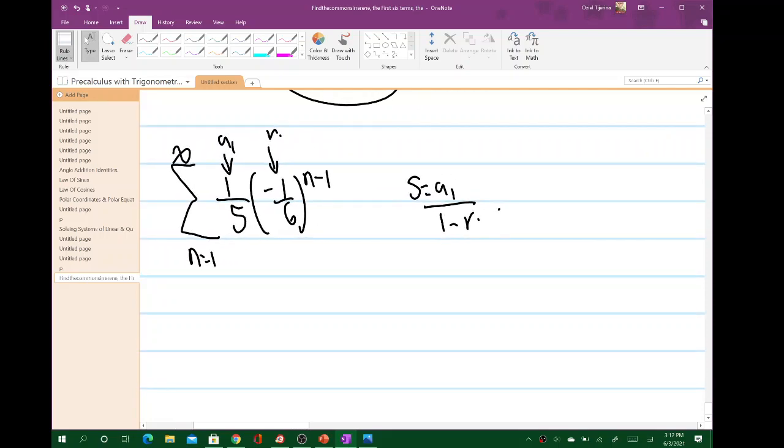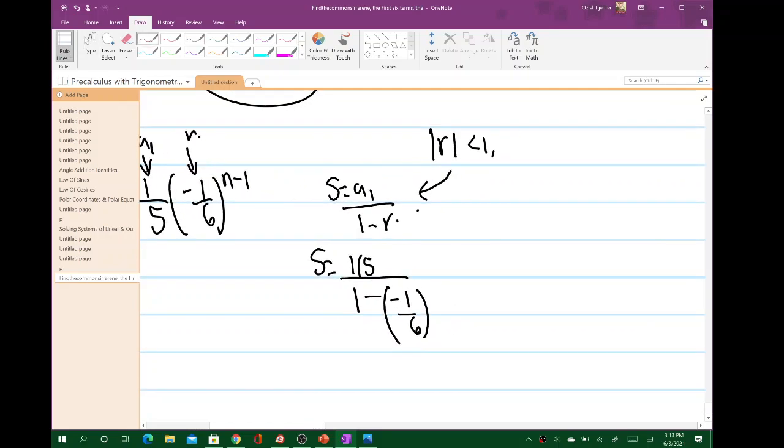So remember that because the absolute value of r is less than 1, this would be the formula that we would use. So lastly, this is 1/5, because that's a sub 1, over 1 minus r, and r is negative 1/6.